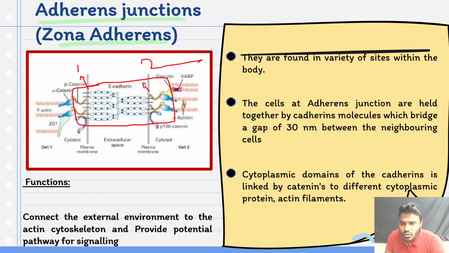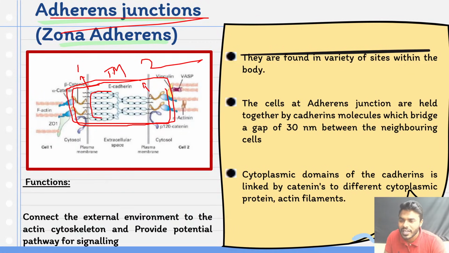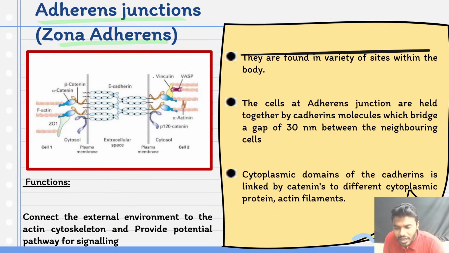So understand, friends, this entire part we can call the adherens junction. In the adherens junction, what is the function of cadherin? Cadherin acts as the transmembrane protein. With the help of the transmembrane protein only, two cells can be associated with each other. Not only connecting to the external environment, you can also understand they are connecting to the cytosol also. You can see, right?